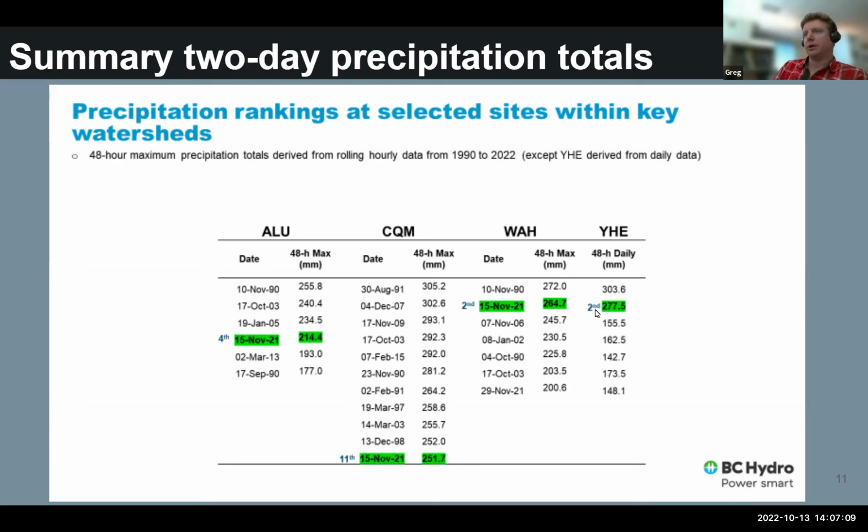So this wasn't the wettest event on record, but it certainly ranked up there, and certainly the impacts were, like I said, the worst we've seen.